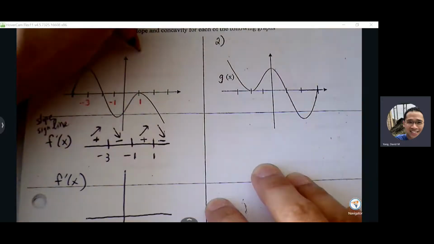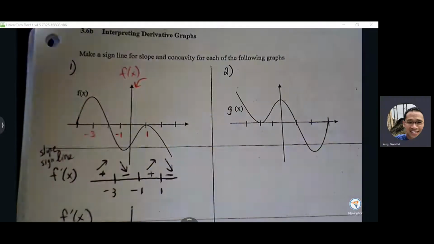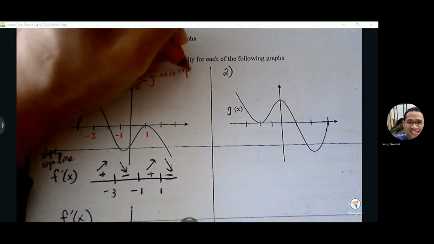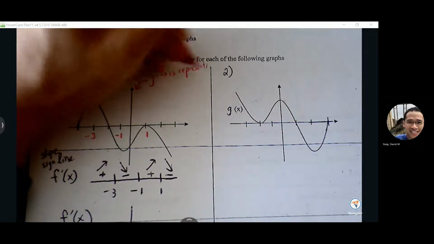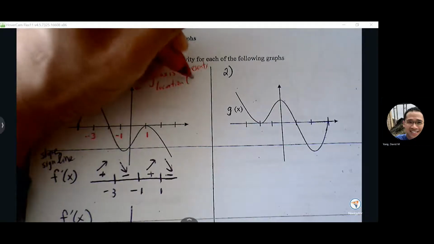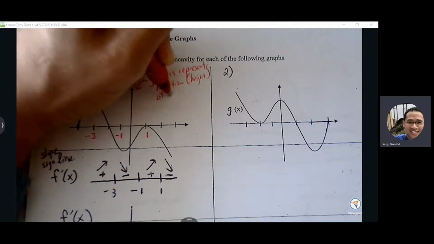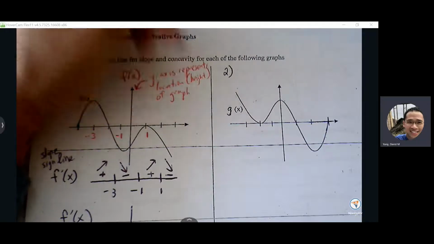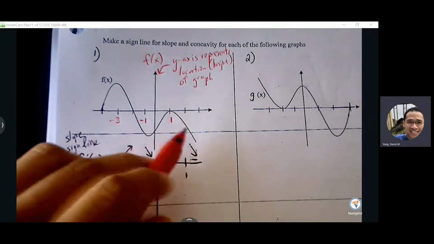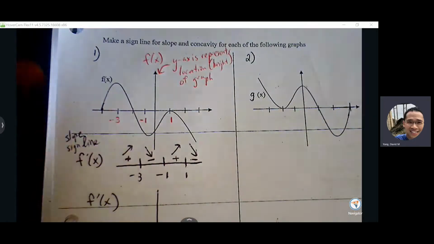If you look at the original graph, the y-axis represents the location, or the height of the graph. So what you see is what you get. Let's say this is a y value of 3, so that's the height of 3.